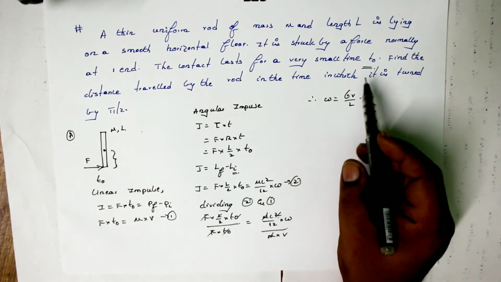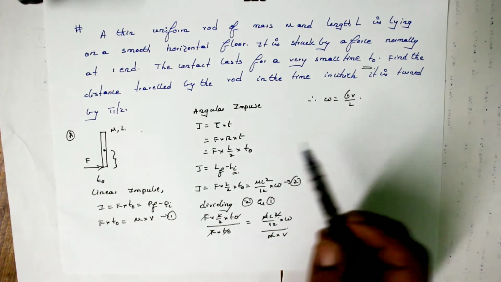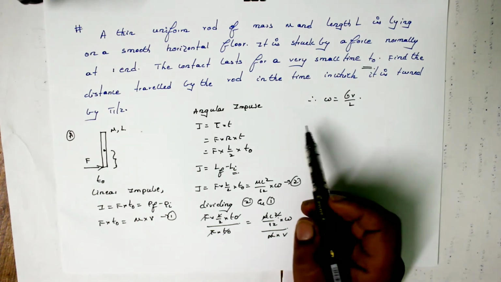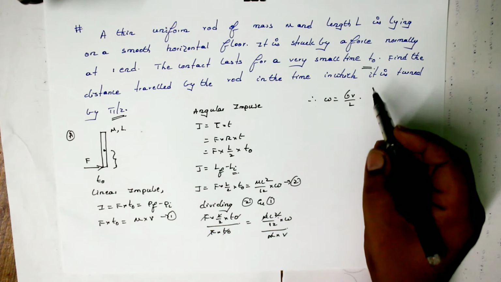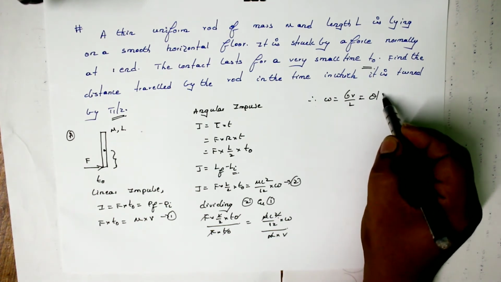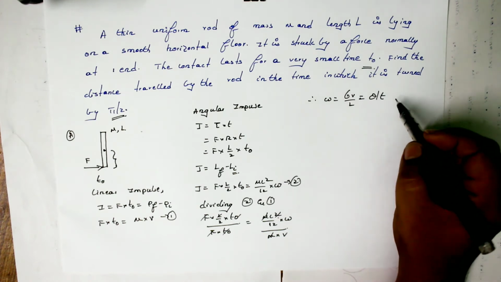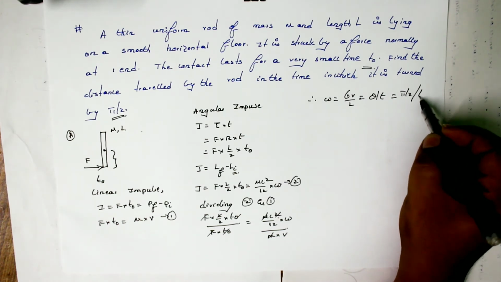So this rod starts rotation with this much angular velocity after it is struck by a force F. Now he is saying by the time it completes an angle of pi by 2. We know angular velocity is equal to theta by t, that is angular displacement by time taken. So angular displacement is pi by 2 divided by time.